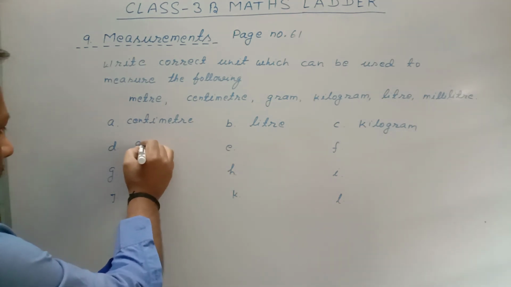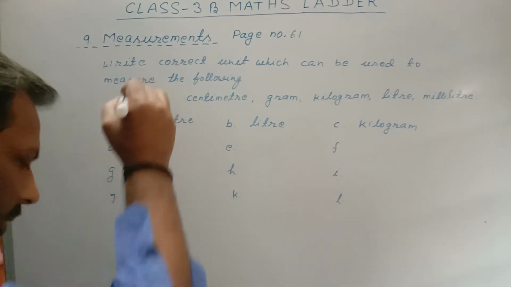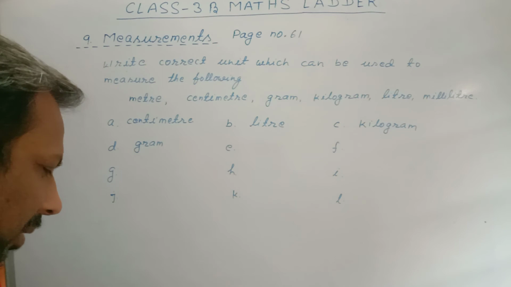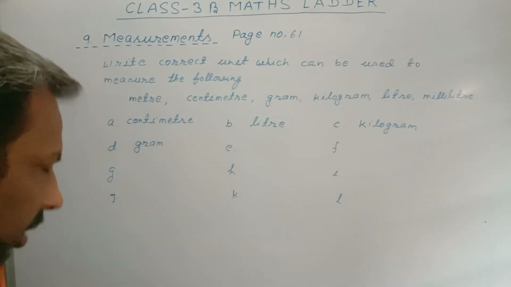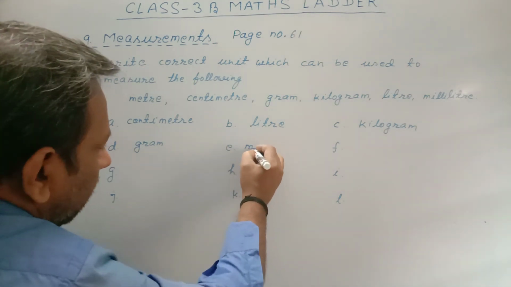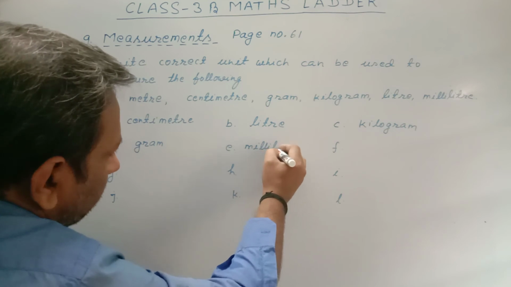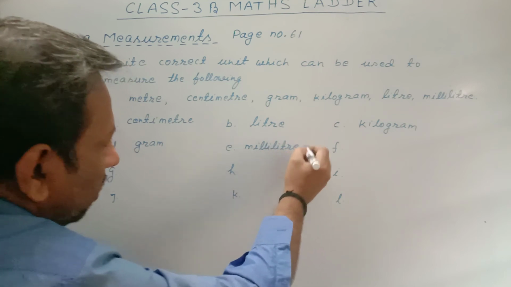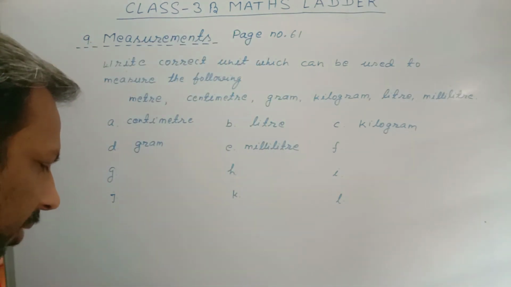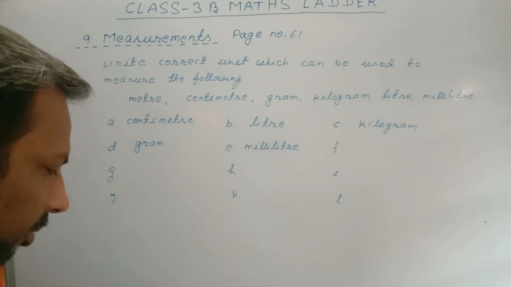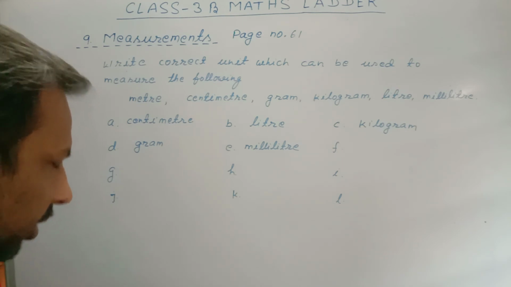Here I wrote gram. Question number E, quantity of honey in a spoon, that will be measured in milliliter. I wrote here milliliter.